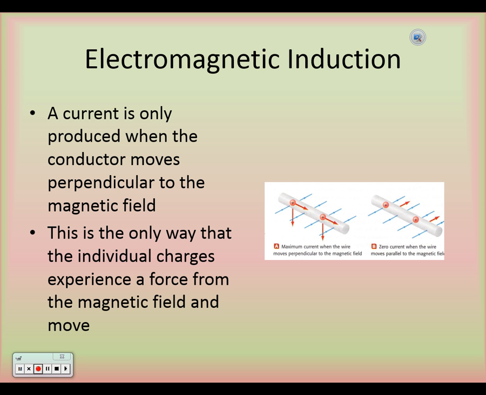When that coil of wire is spinning within the magnetic field, same thing. Sometimes it's going with the magnetic field. Sometimes it's going perpendicular to the magnetic field. Current only gets produced in certain situations. Perpendicular.